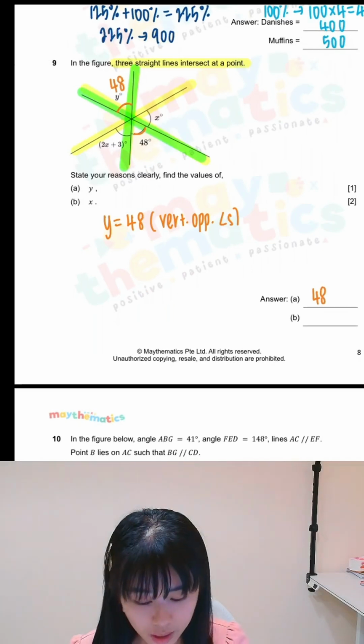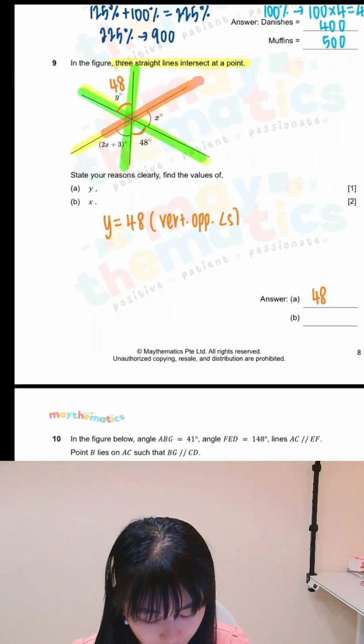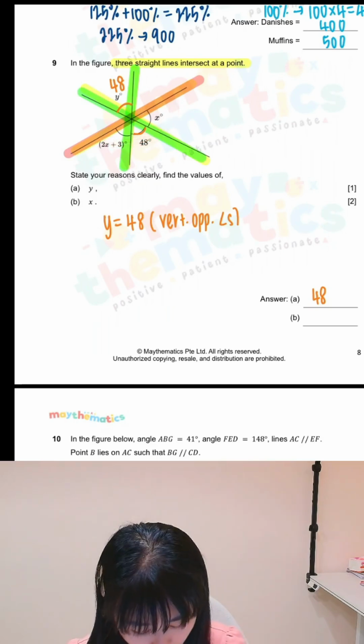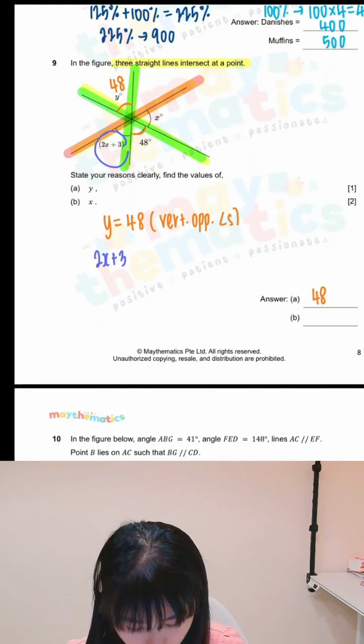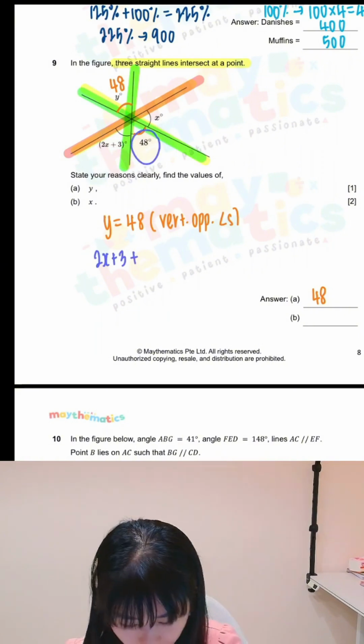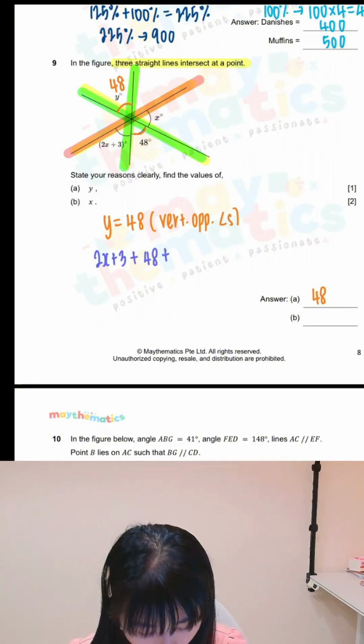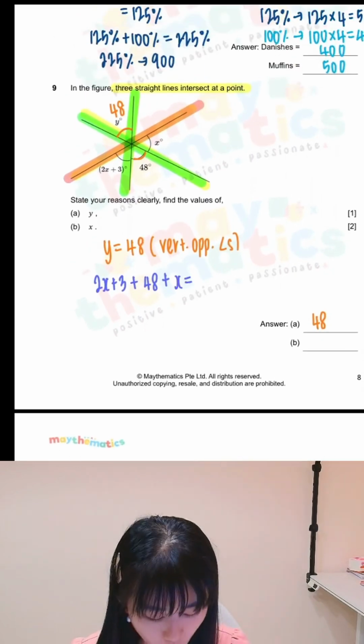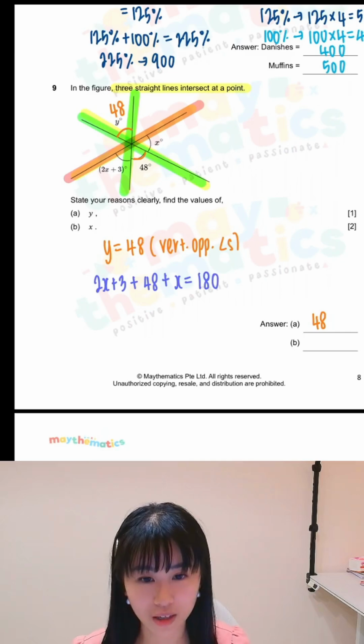Okay, next one. Since we have a straight line here, all this must add up to become 180. So I will write 2x plus 3, which is this one, plus 48, plus x, will give you 180 degrees.